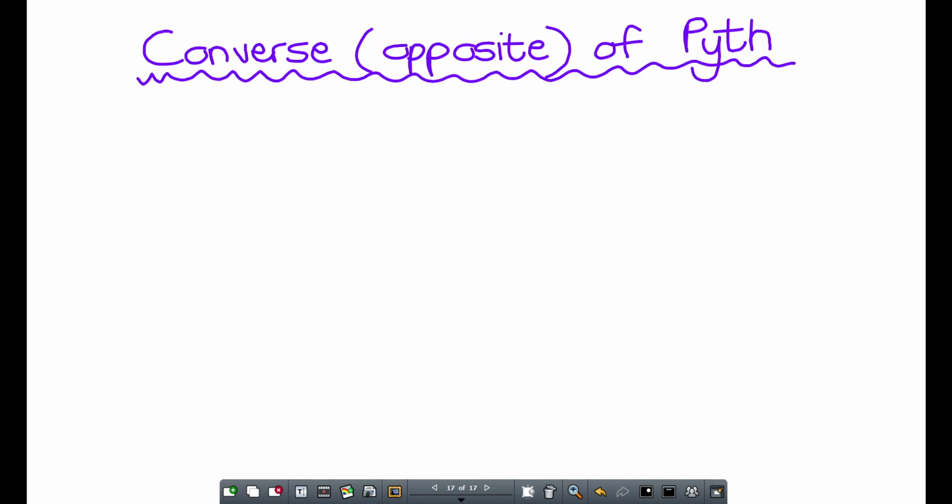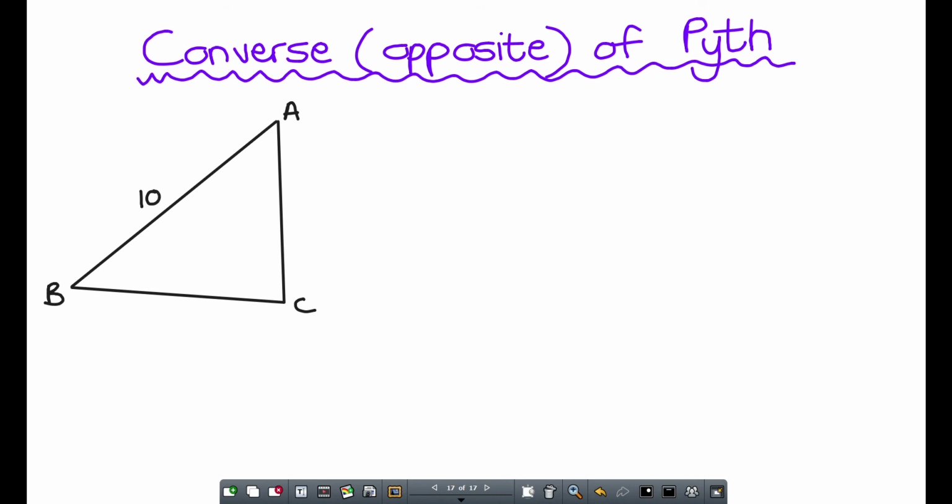Okay. Now we have got to do the converse of Pythagoras. Now the word converse basically means the opposite of Pythagoras. So what we're going to do now is I'm going to give you a triangle again. Let's make it A, B, C. That's 10. This is 8 and that's 6. Okay, now, converse of Pythagoras.